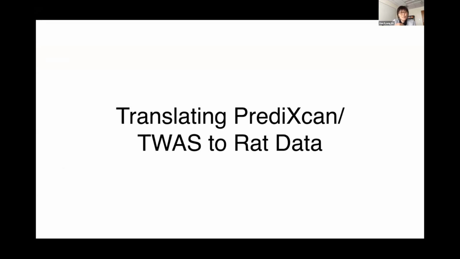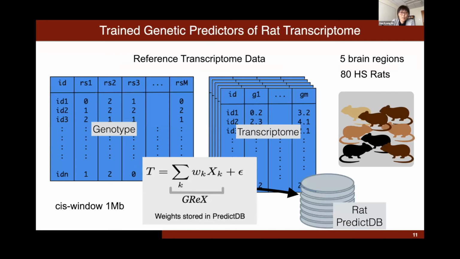Okay, so that was a review of what TWAS or PrediXcan does, and now what we wanted to do is translate all these pipelines into the rat data. So we start by generating prediction weights for the transcript levels in rats. We used 80 rats, from 5 different brain regions.